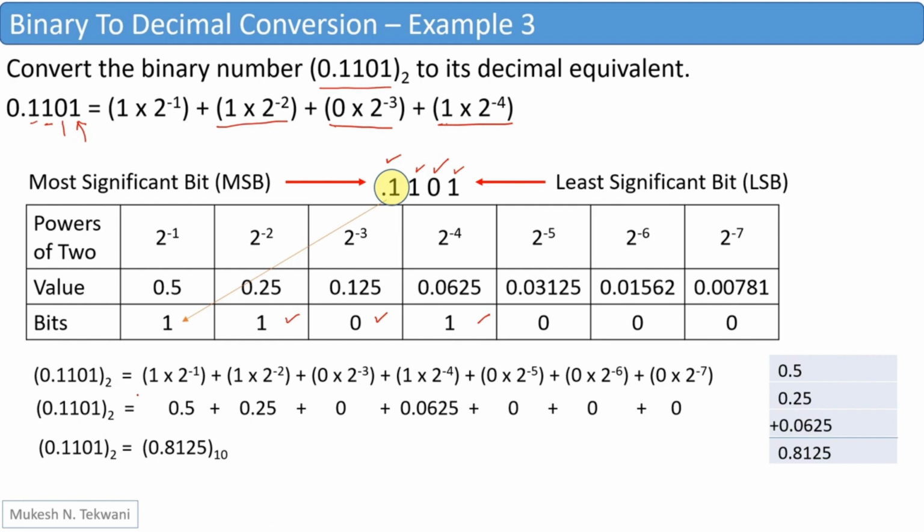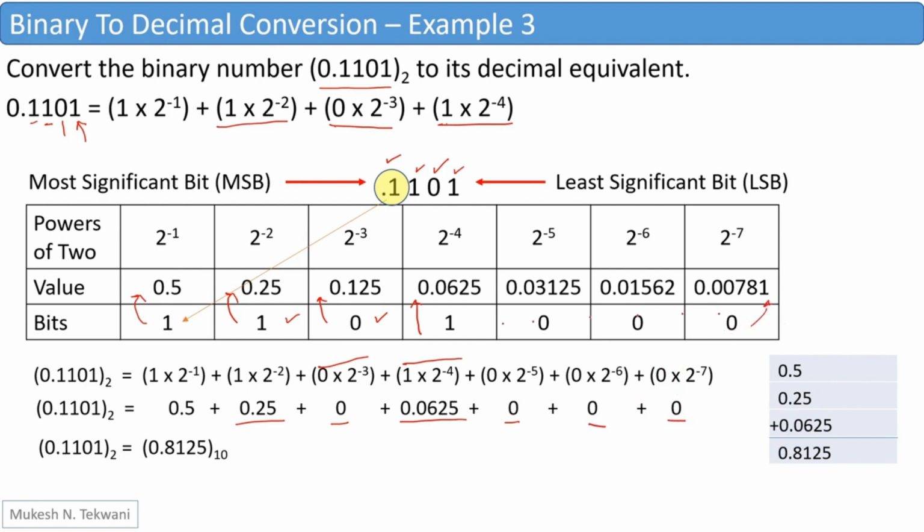And therefore our given number 0.1101 can be written as 1 into 2 raised to minus 1, plus 1 into 2 raised to minus 2, plus 0 into 2 raised to minus 3, plus 1 into 2 raised to minus 4, etc. This can be written as 1 into 0.5, plus 1 into 0.25, plus 0 into 0.125 which is 0, plus 1 into 0.0625, and the remaining terms, 0 into 0.03125 and so on, all give 0.